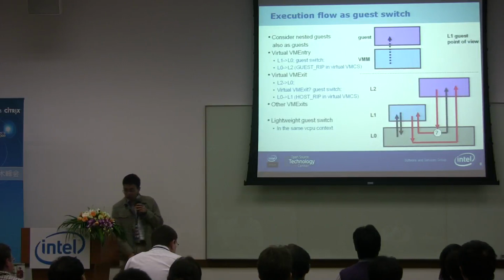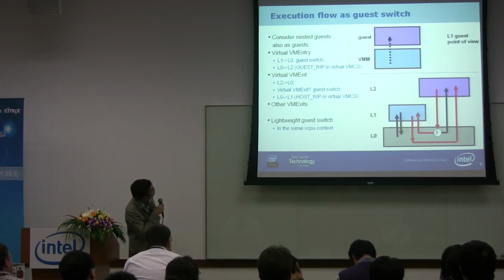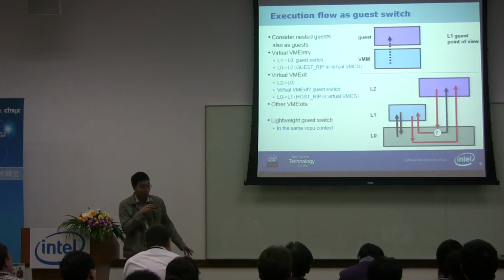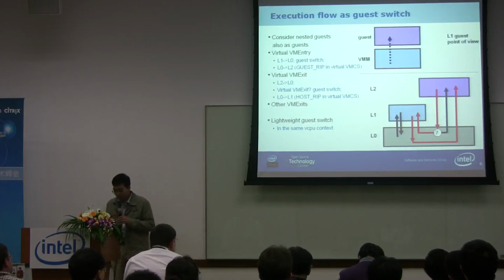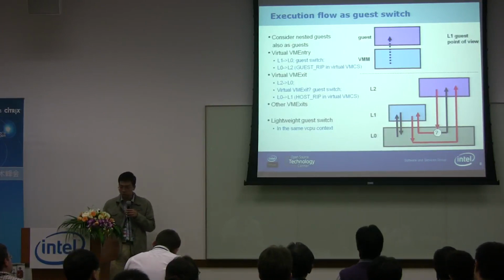There are also other VM exits drawn here. The right black arrow is what we just referred to, and the two arrows on the left are the ordinary level 1 VM exits. These generally also all happen in the same vCPU context.